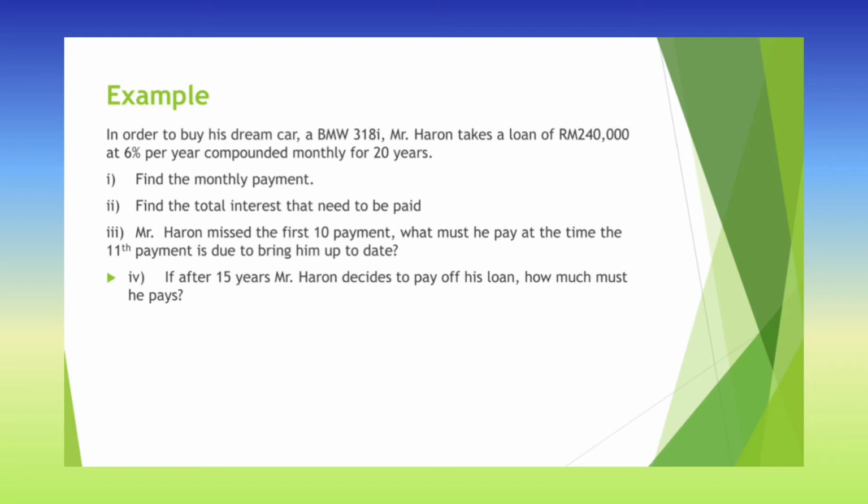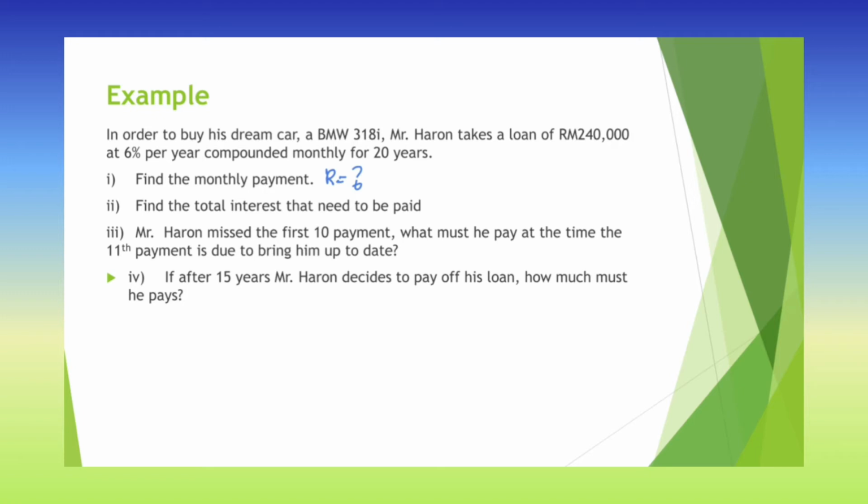Okay, next question. In order to buy his dream car, a BMW 318i, Mr. Harun takes a loan of 240,000 at 6% per year compounded monthly for 20 years. Find the monthly payment. So here we have to find R, the monthly payment.